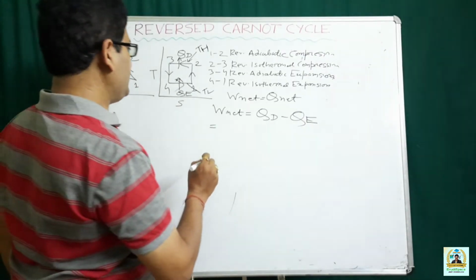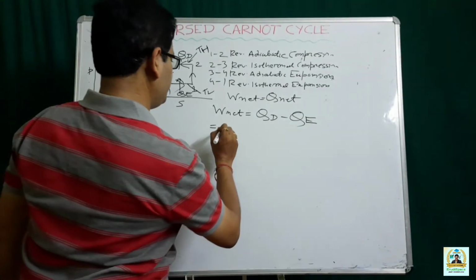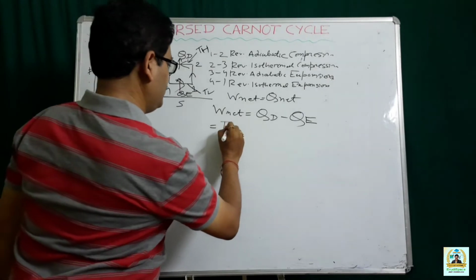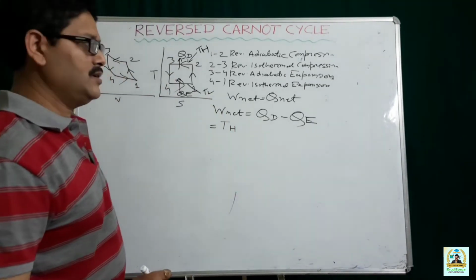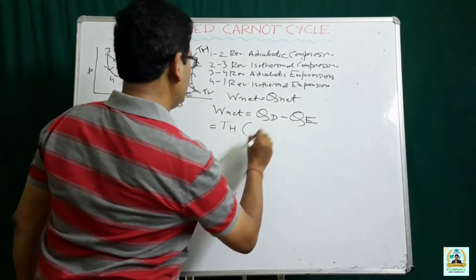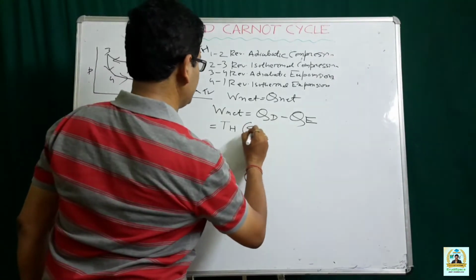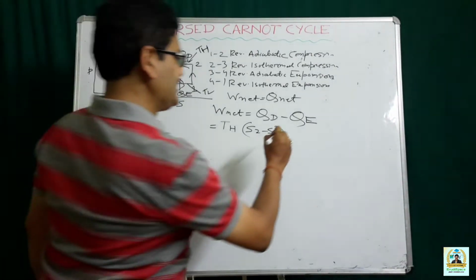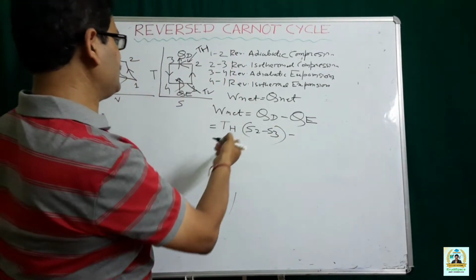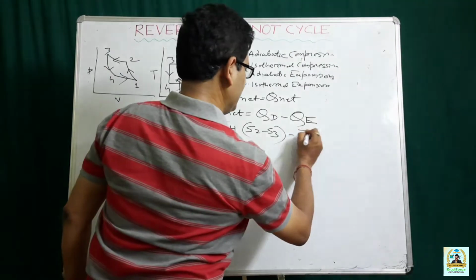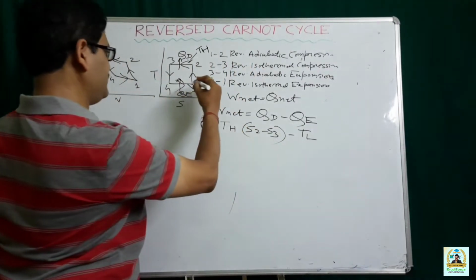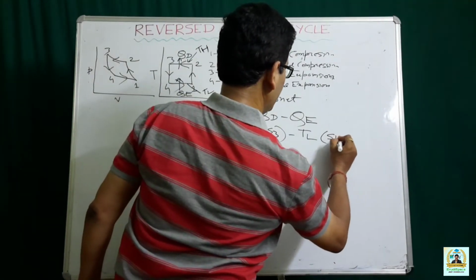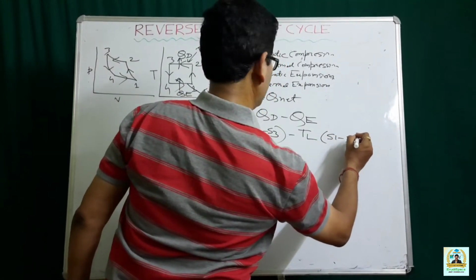So QD will be equal to TH multiplied by the difference in entropy, that is S2 minus S3, and QE, the heat extracted, is the lower temperature which is constant, TL, multiplied by S1 minus S4.